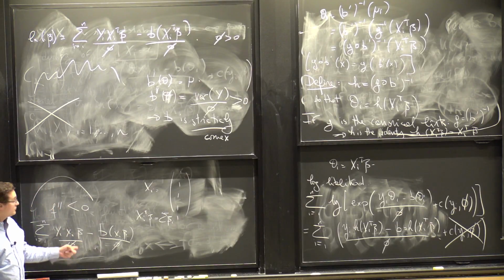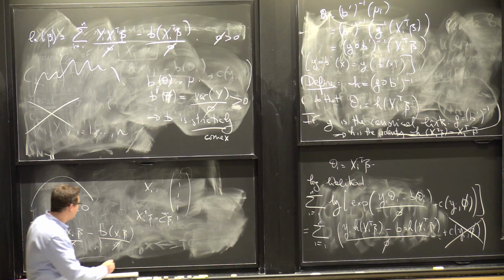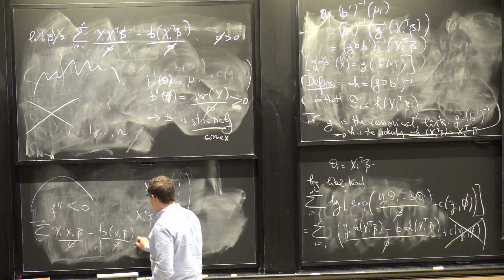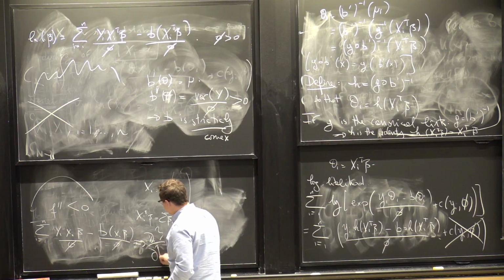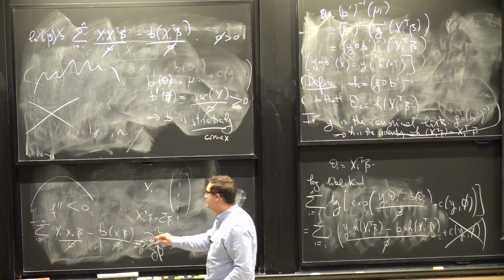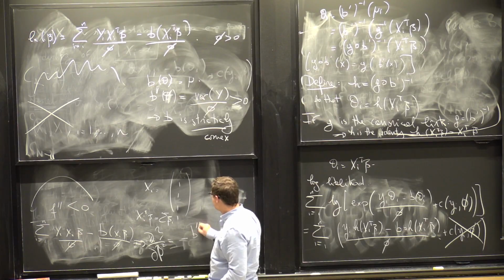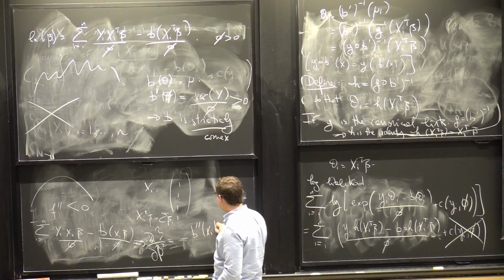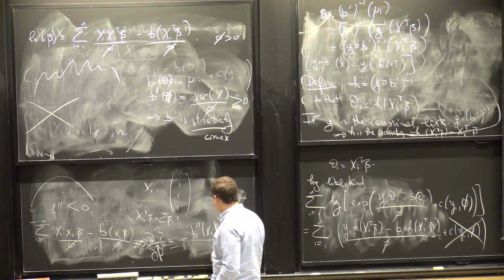You take second derivatives. The fact that this is linear in beta, this is going to go away. And here I'm just going to be left with the minus term. So if I take the second derivative with respect to beta, this is going to be equal to minus b double prime of xi beta times xi squared divided by phi.